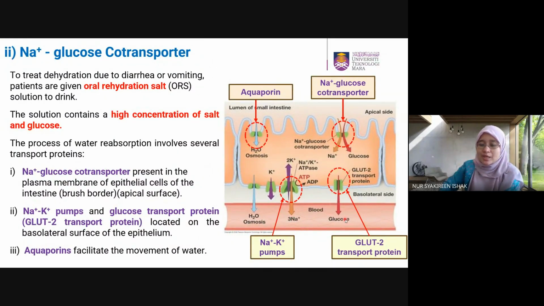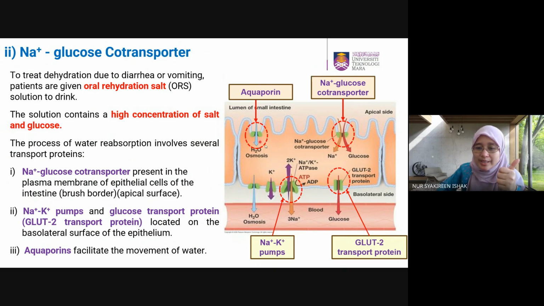This is the blood capillaries containing your blood with the water, with the glucose, the nutrients that is going to be transported throughout your body. Okay, so the epithelial cells lining the lumen of intestine, blood vessels, you have several types of transport protein.